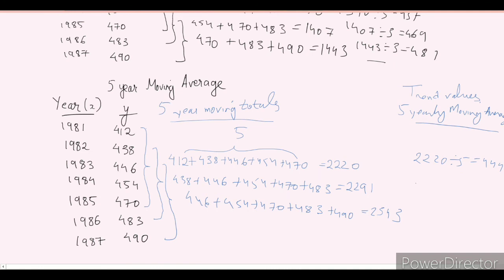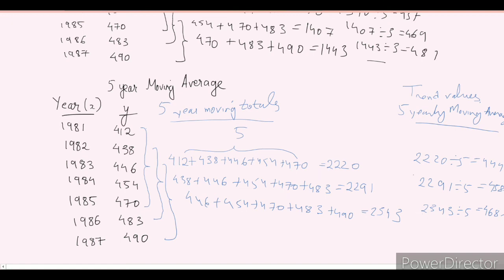Then the next group, 2291, divided by 5 gives us 458.2, which is the trend value for the year 1984. And the next group, 2343 divided by 5, is equal to 468.6, which is the trend value for the year 1985.